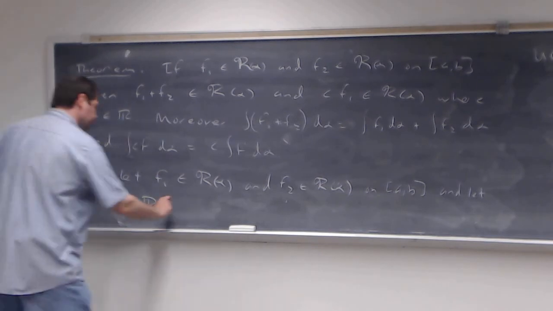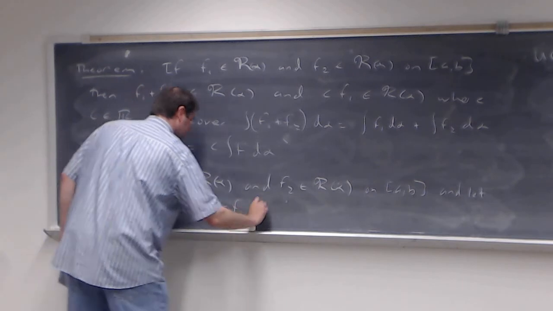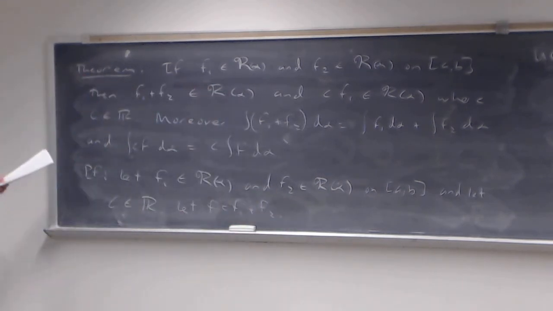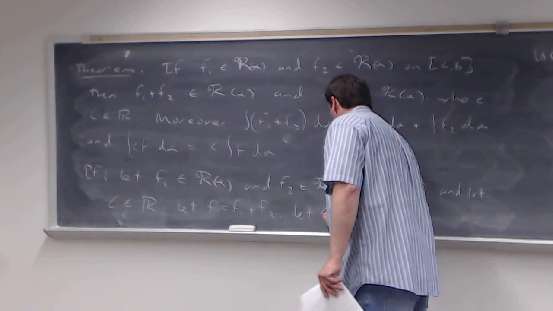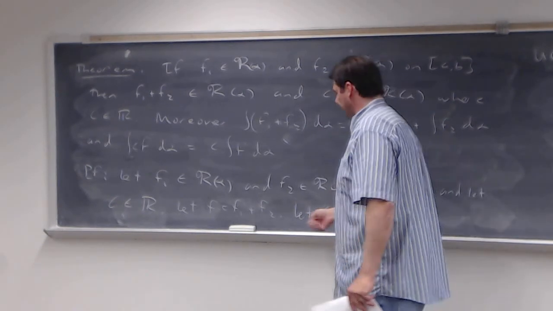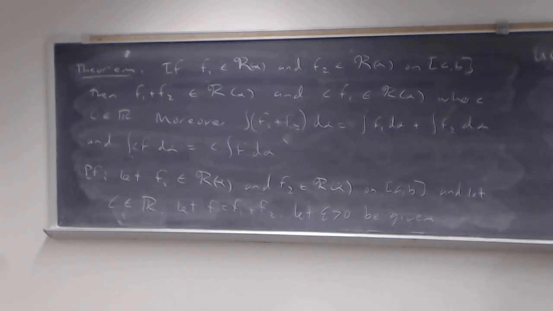What we're going to do is define F to be equal to f sub 1 plus f sub 2. We're going to let epsilon be greater than 0 be given. So I'm thinking of that main theorem that we have that shows that something is Riemann integrable. That means that the upper sum minus the lower sum will be less than epsilon, given any epsilon, if there exists a partition that makes that true.